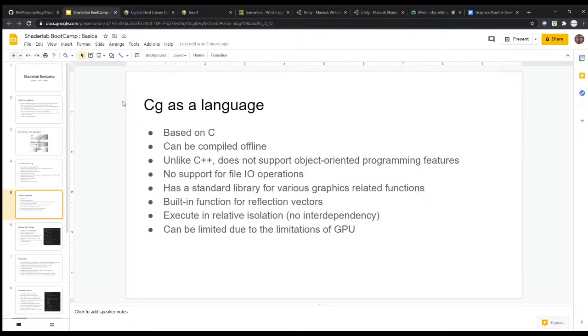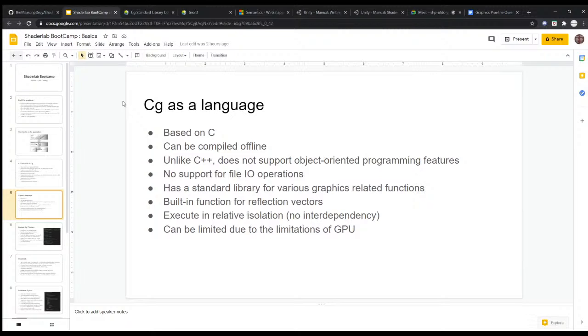And that said, whenever we have to execute or process multiple pixels at the same time, you can be rest assured that this will be run in parallel in relative isolation.